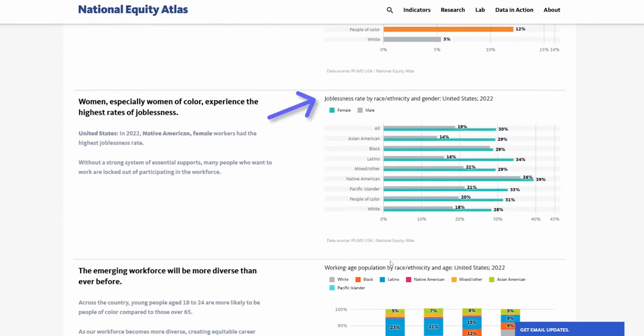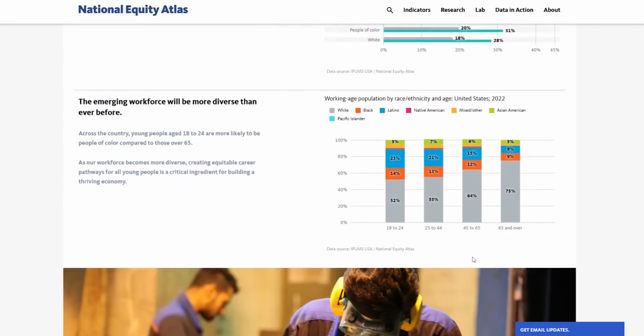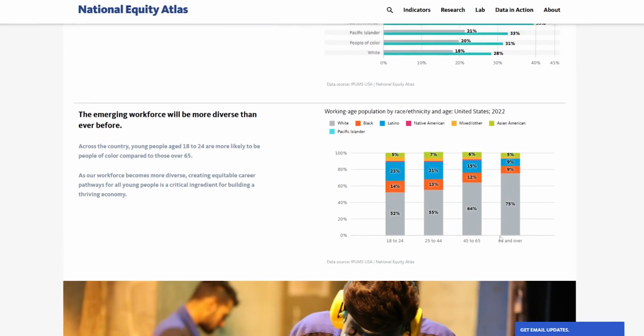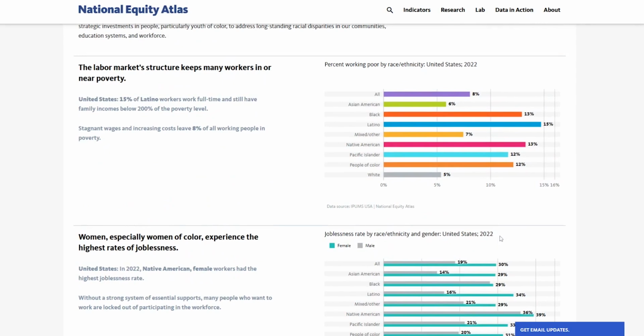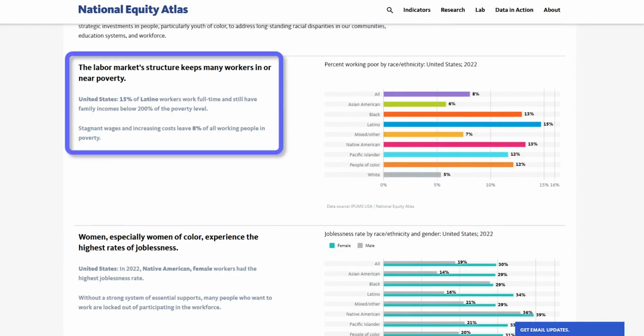Who is most likely to be jobless? And what does the working age population look like by race, ethnicity, and age? For each indicator, you can hover over the data points and get a closer look at what each chart is showing. The text to the left of the charts point to some highlights that can help you interpret the data.